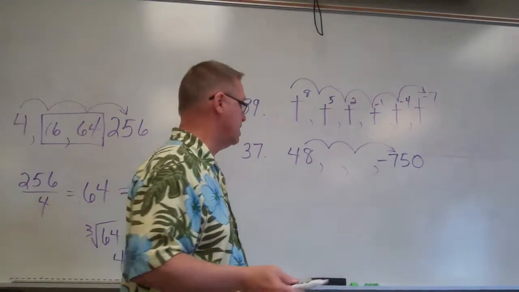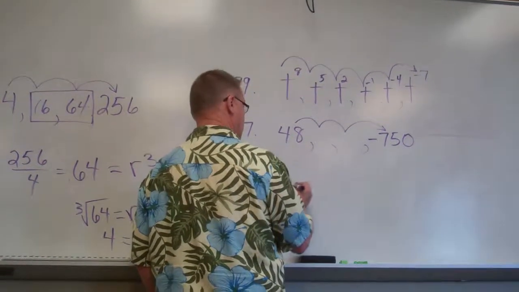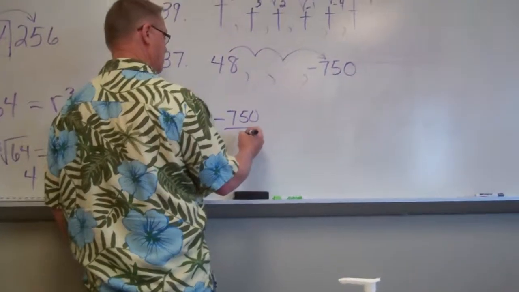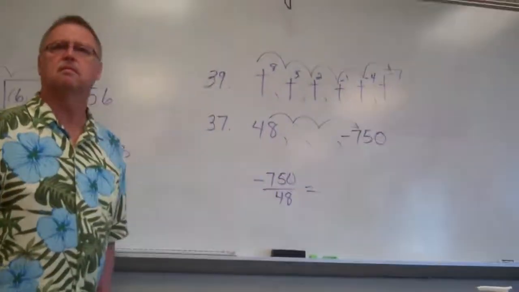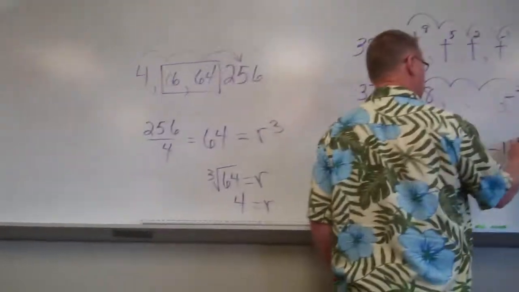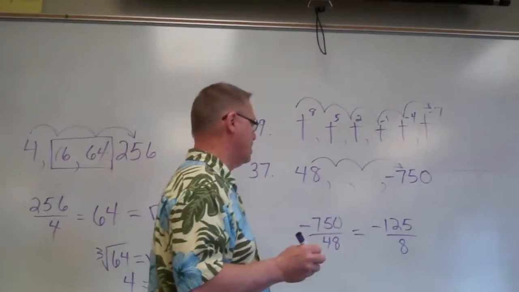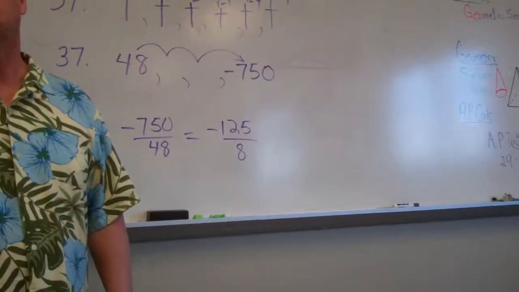Let's see what that looks like in math mode. We should ask Nate for that. Negative 125 over 8. What Nate is saying is that those 3 jumps together accomplished a negative 125 over 8.